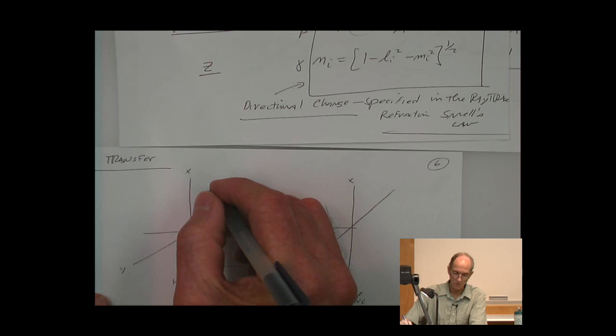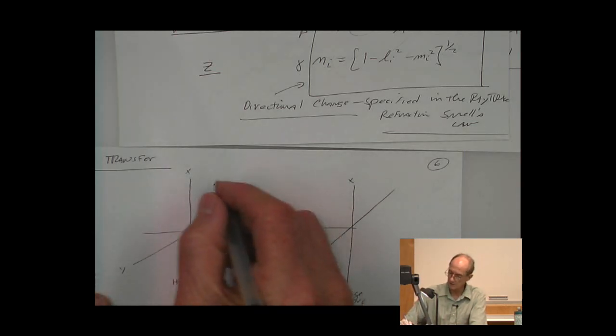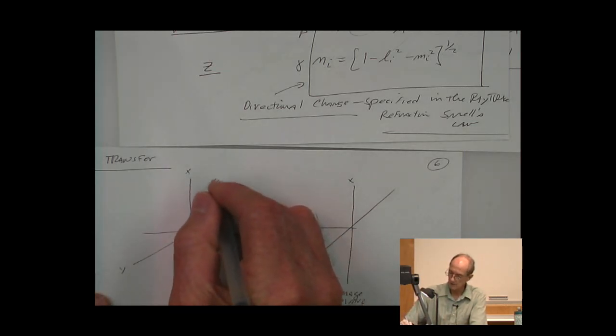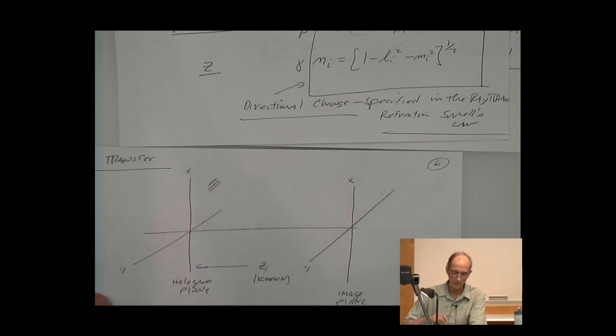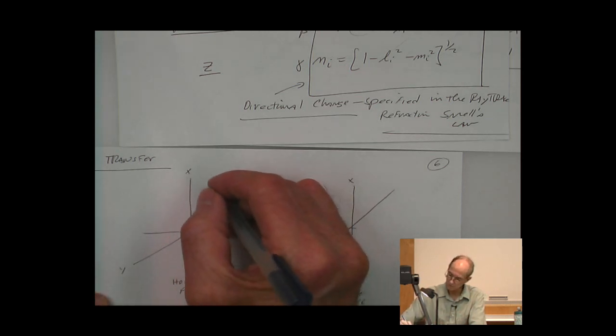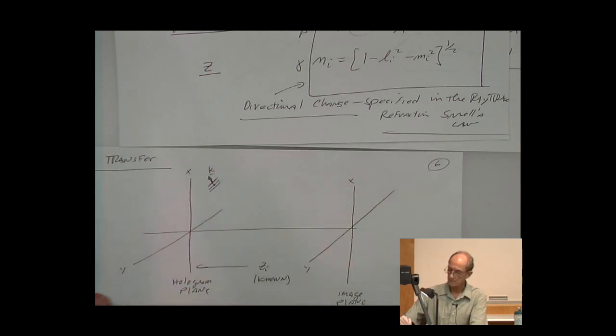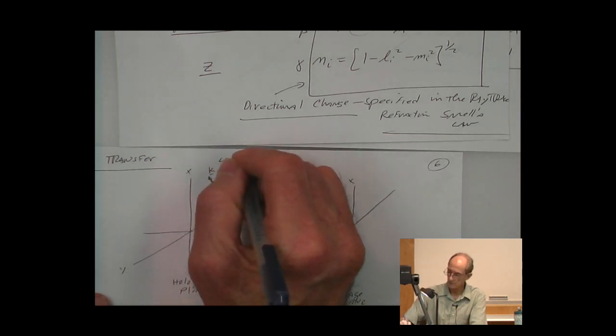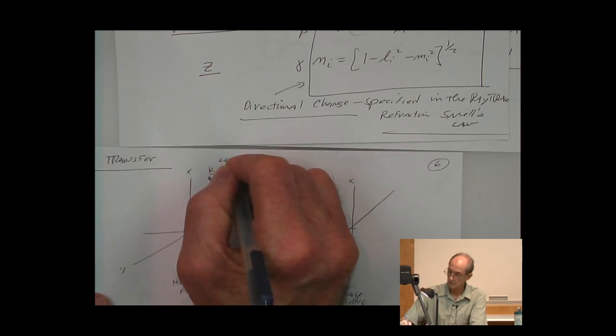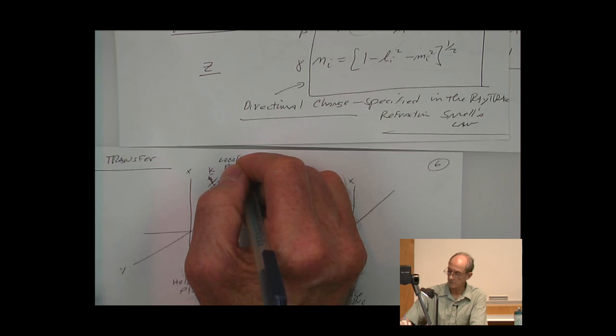Regardless of what it is, we can always break it down into a localized plane wave, and it has some sort of grating vector associated with it. So we have this localized planar, not plane wave, but planar grating.